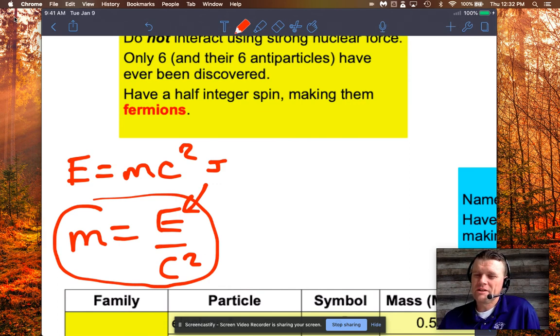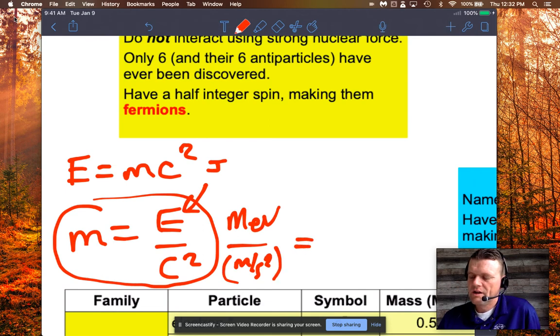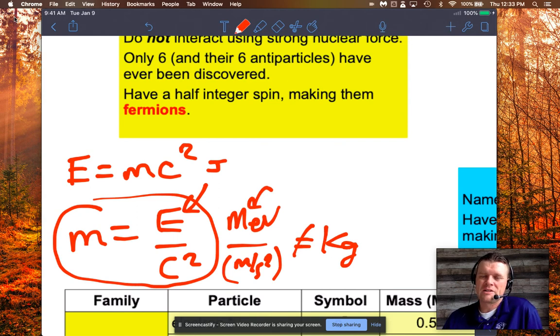Then you can't really divide it cleanly. You can't divide mega electron volts by meters per second squared and get kilograms, because the units don't cancel out. You never had kilograms to start with, and so you basically get a unit of mass that can't be broken down anymore, but it's more useful as a comparative ratio.